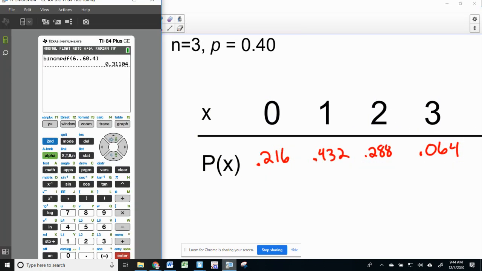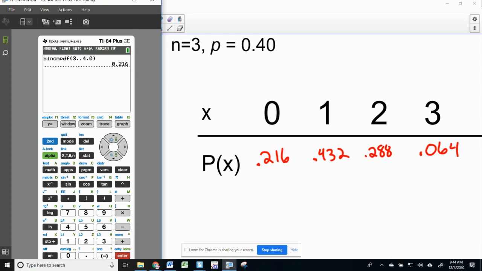Hopefully you can see my calculator over here to see what I'm doing. So if I go PDF and I go 3, 0.4, 0, I get the same number I got off here, right?